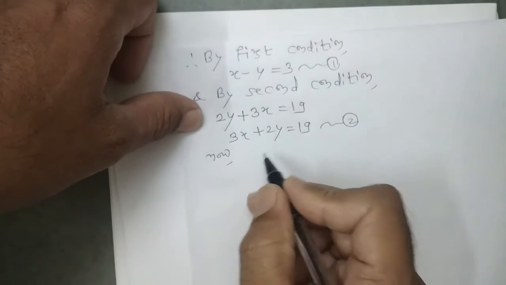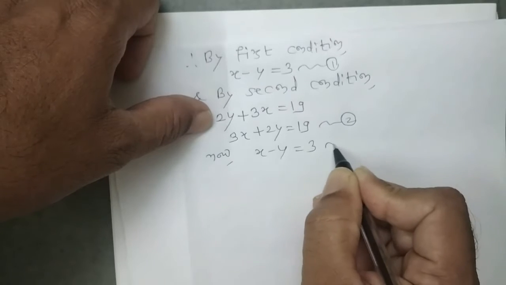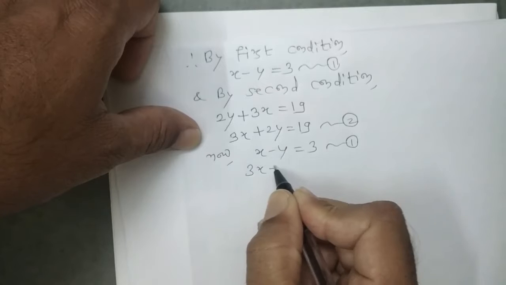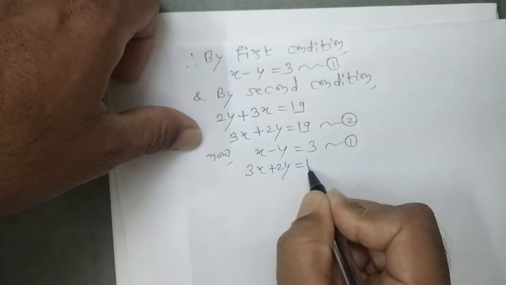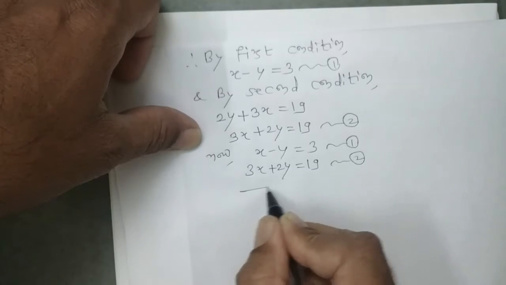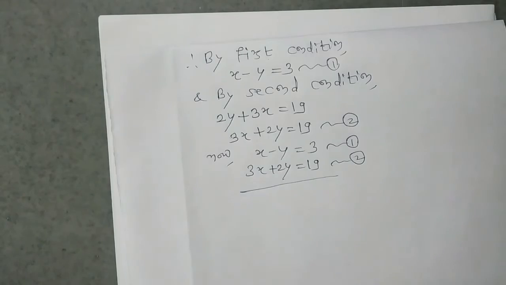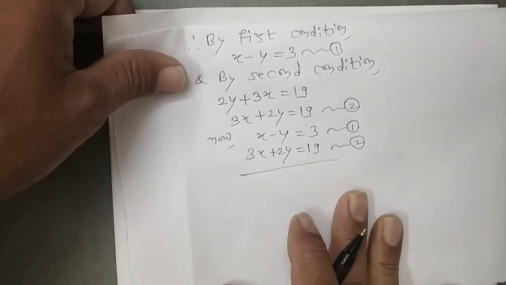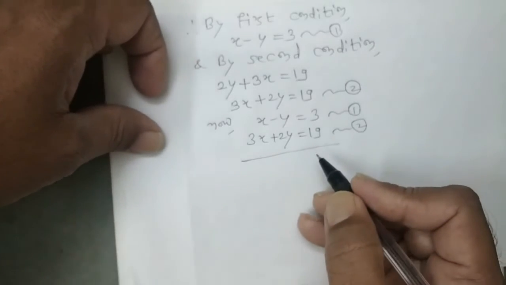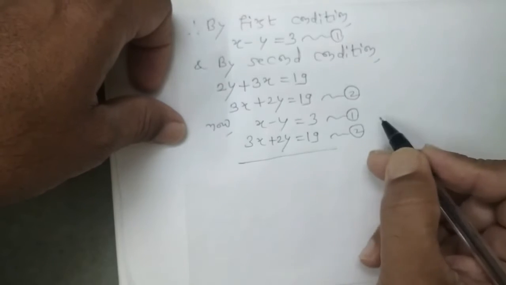Now write down equations 1 and 2. x minus y is equal to 3, this is equation number 1. 3x plus 2y is equal to 19, this is equation number 2. Now we have to solve these equations by elimination of variables.